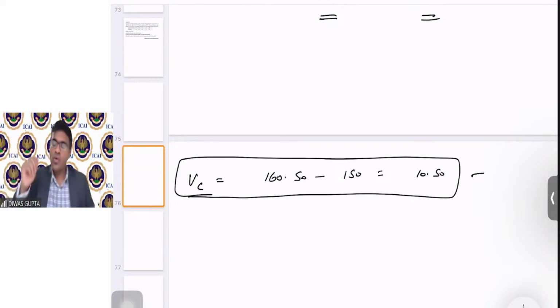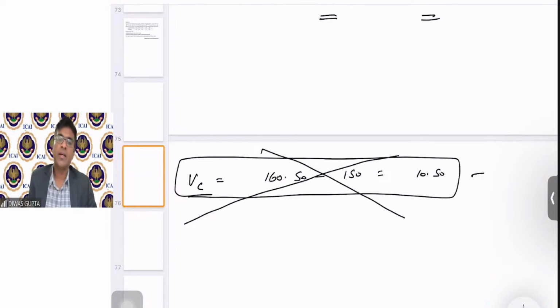See, students, first of all, in this 10.5, this is a wrong assumption to take.